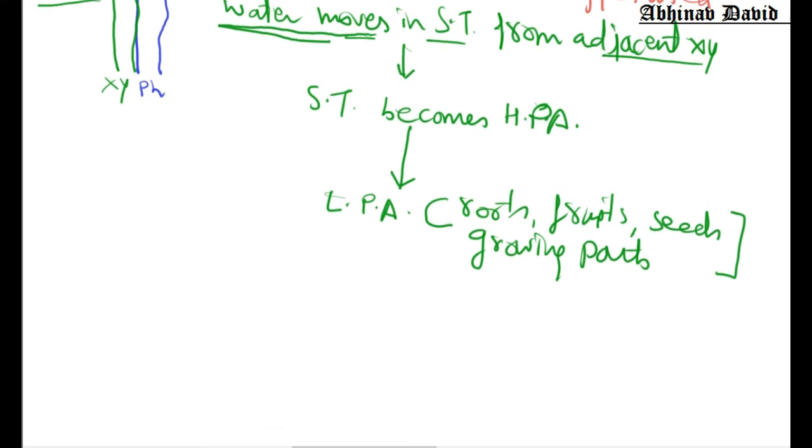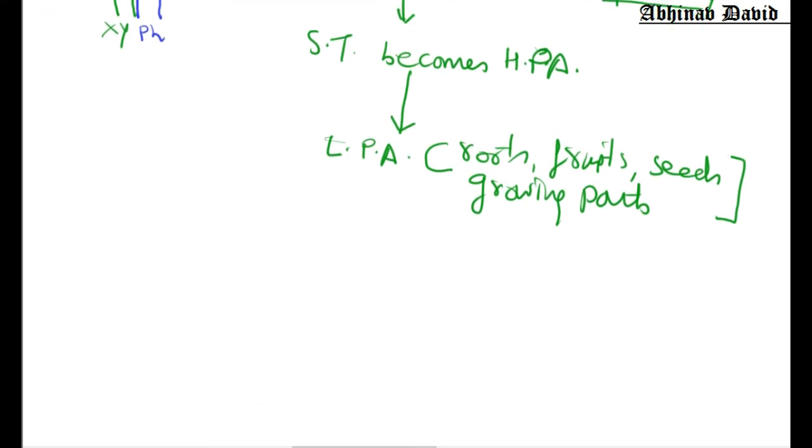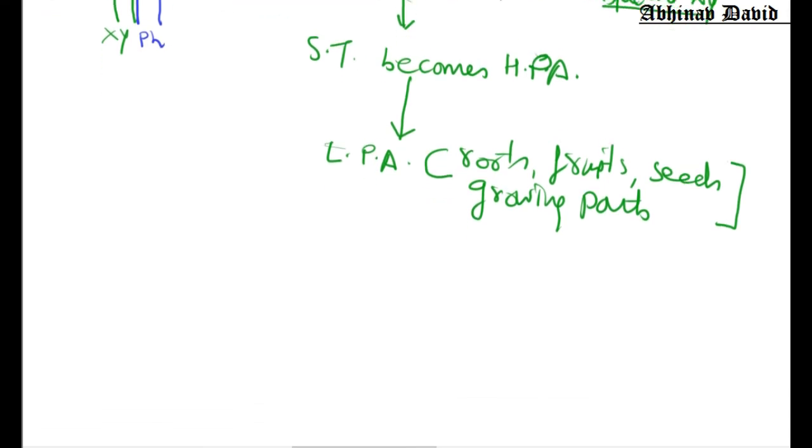Now one more thing. Suppose low pressure area is there, the food comes to the roots. Now the food is in the root. Root is a low pressure area. The food comes in the form of sucrose.